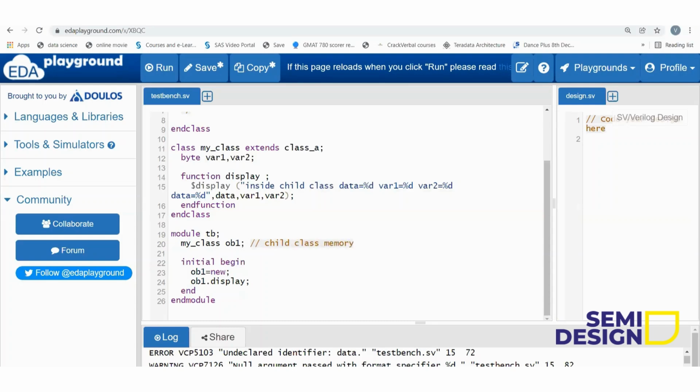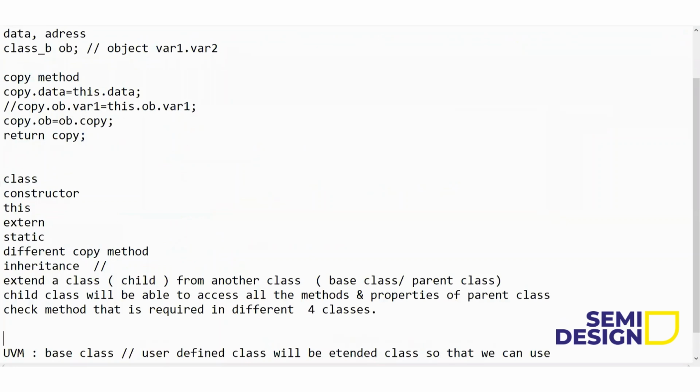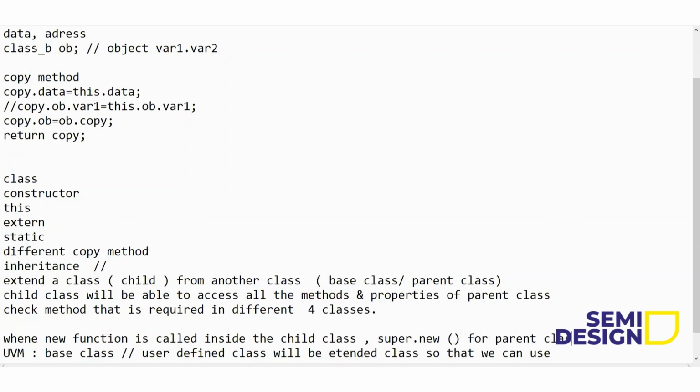So remember, whenever you are creating a memory for the child class, when the new function is called inside the child class, automatically super.new is called, meaning the new function for the parent class. If it is using the super keyword, that means it is for the parent class. Super.new for the parent class will be called. So you don't have to assign a memory for the parent class.